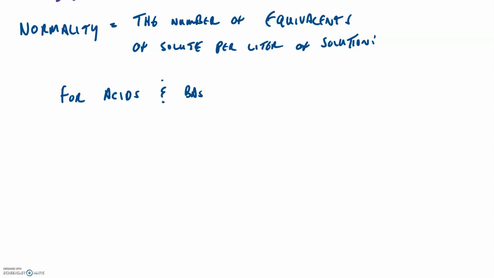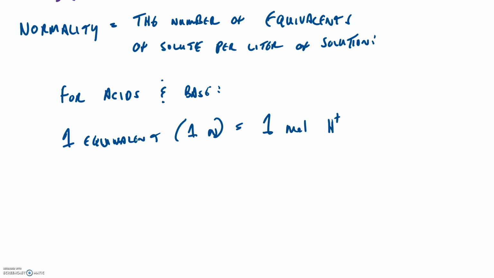And what we mean is that one equivalent, or one normal, equals 1 mole of H plus if we're talking about an acid, or if we're talking about a base, 1 equivalent, 1 normal is 1 mole of OH minus.